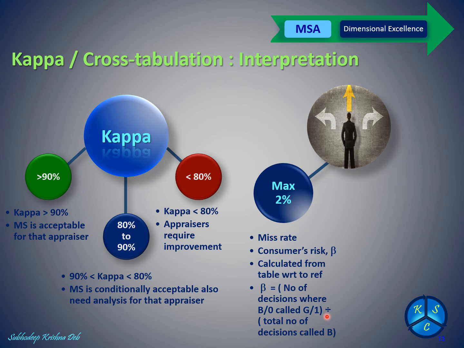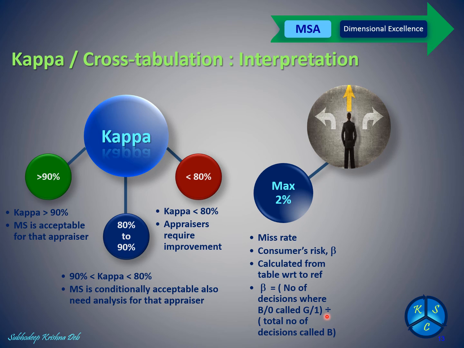We have to count the number of cases where appraiser A has given the decision for the bad part as a good part, divided by the total number of decisions wherein appraiser A has called the part bad.